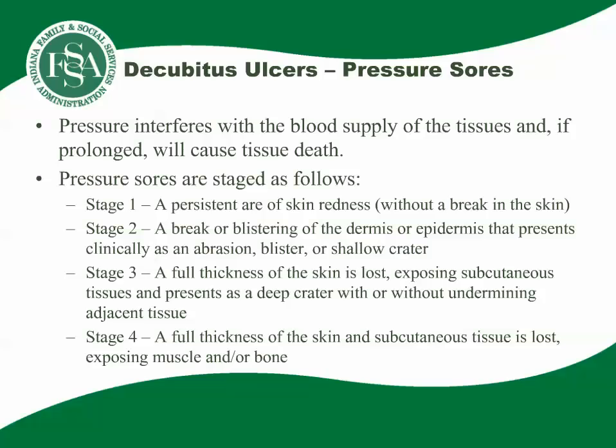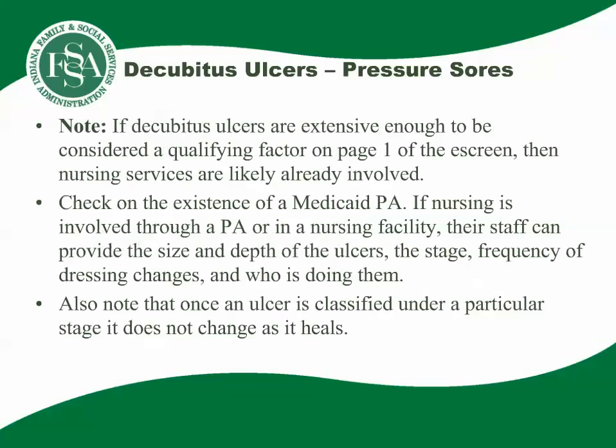Keep in mind that once a pressure sore is classified as, say, a stage 4, it remains in that classification category all the way through the healing process. So at any given point, it may appear more like a stage 1 or stage 2, but if it began as a stage 4, it stays classified that way all the way through for purposes of eligibility determination.